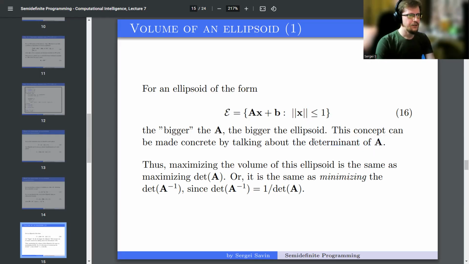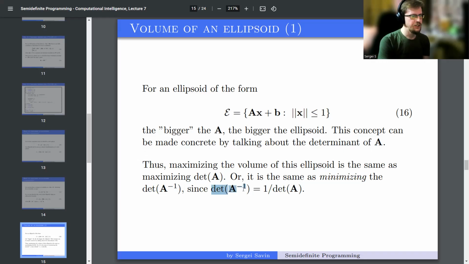So we have to talk about the determinant of A. So maximizing the volume of the ellipsoid is linked to maximizing the determinant of A. But this is the same as minimizing the determinant of A inverse. Why? Well, the determinant of A inverse is 1 over the determinant of A.